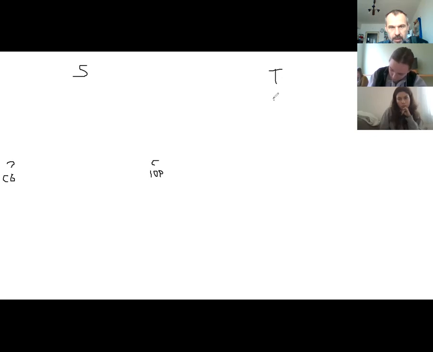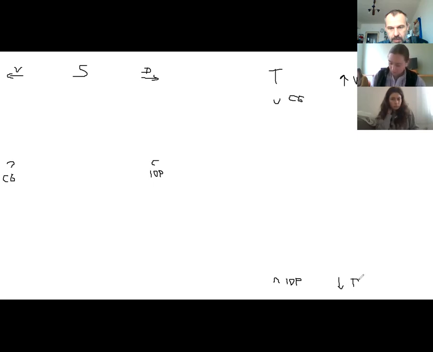And here also crista galli and internal occipital protuberance. So this is ventrally, and this is dorsally, and of course this is ventrally, and this is dorsally.